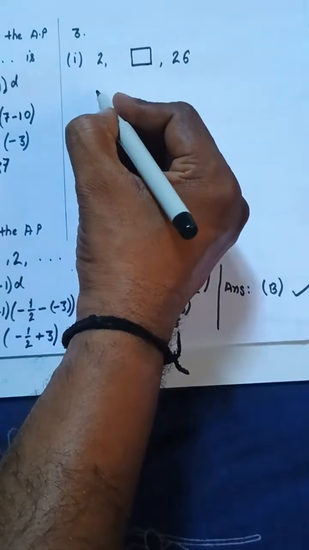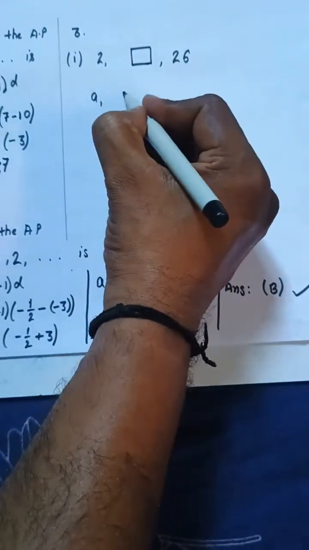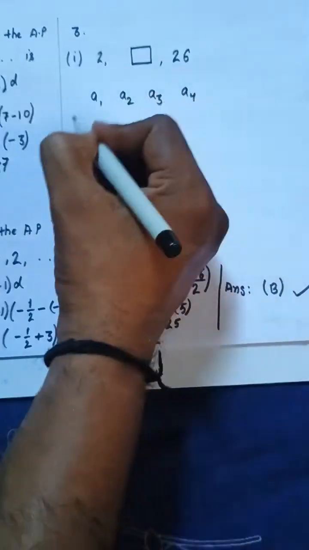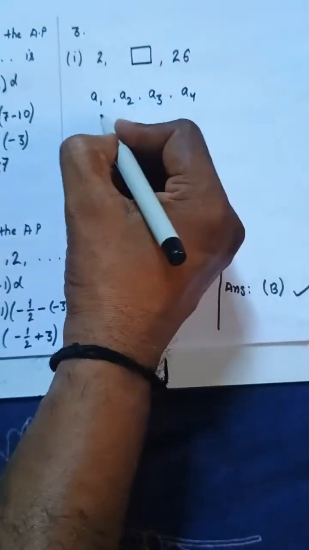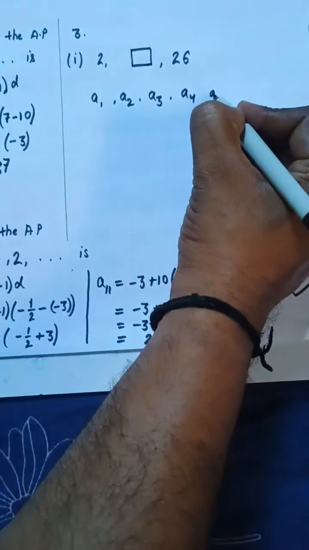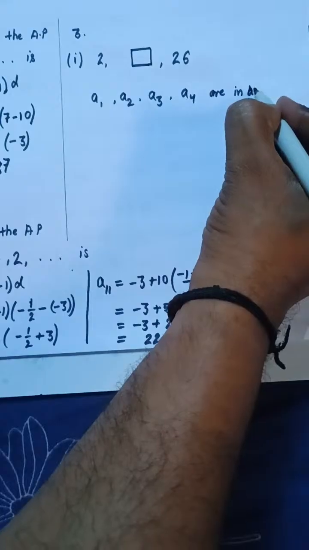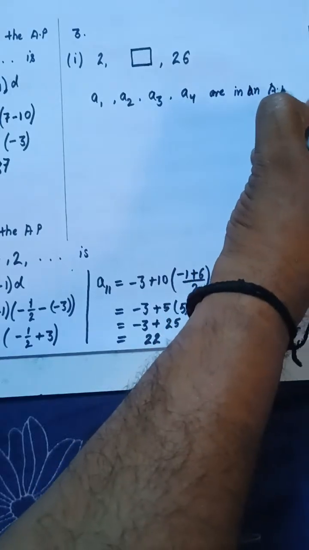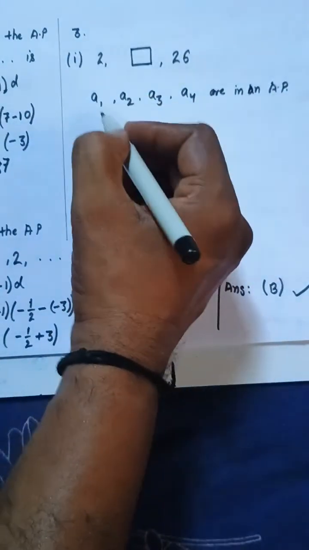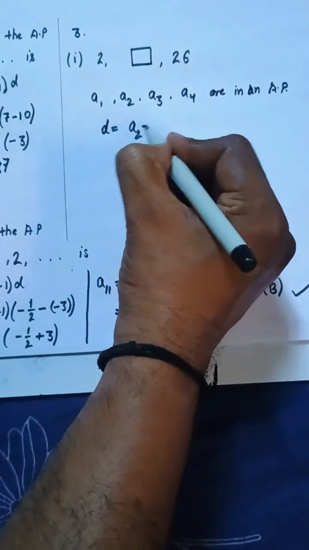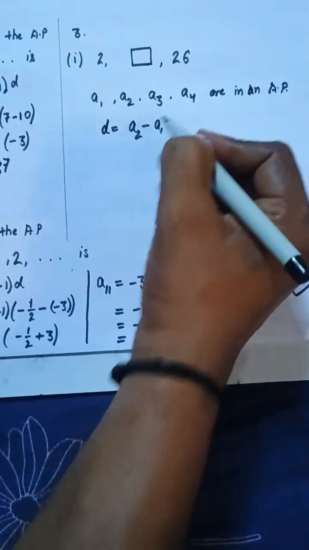Suppose we have terms a1, a2, a3 and a4. If all are in an AP, we can say that the common difference D is equal to A2 minus A1.